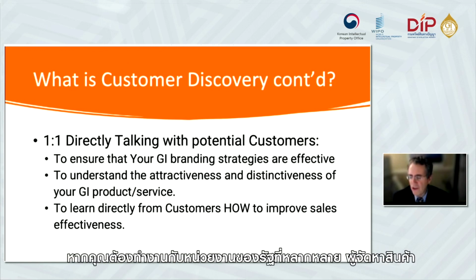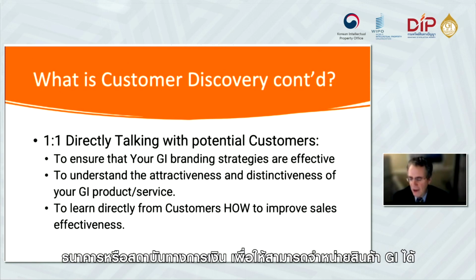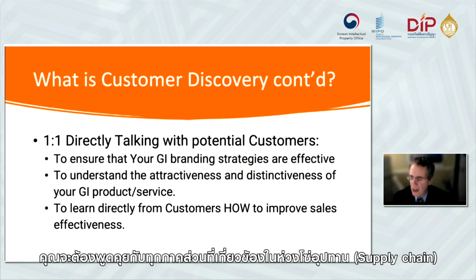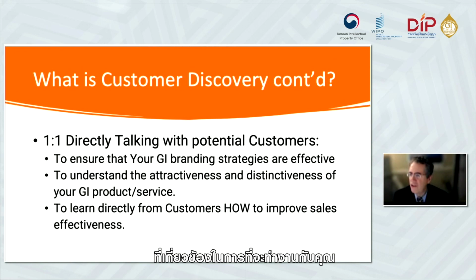Well, if you're going to work with different government organizations or different suppliers in banking and financial services, you actually have to go talk to them. It's not just end user customers, it's potential customer groups within the supply chain.